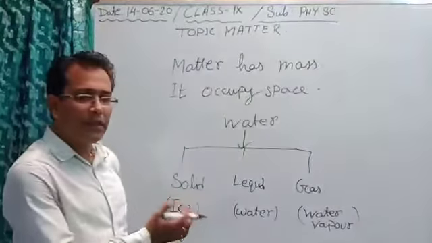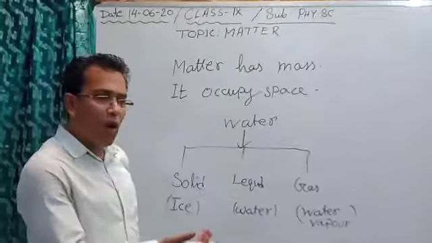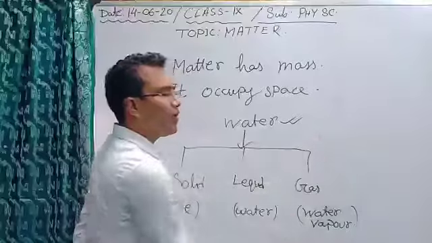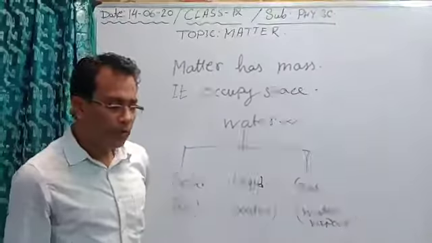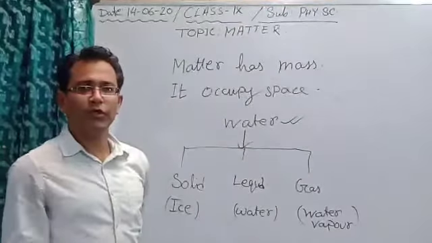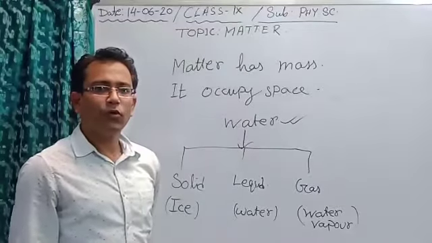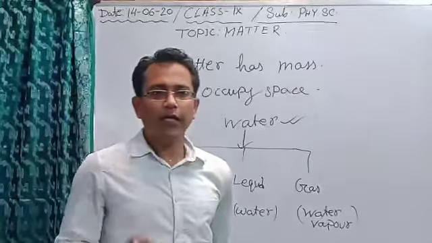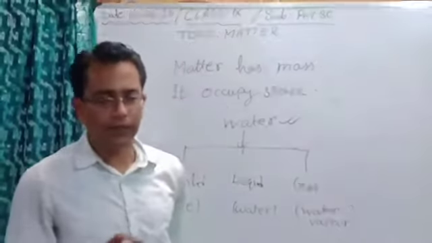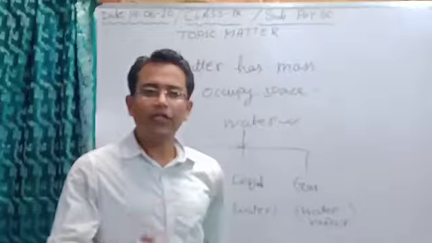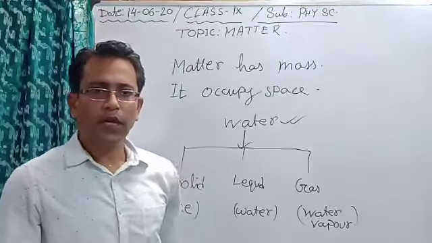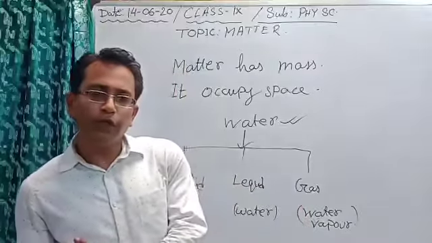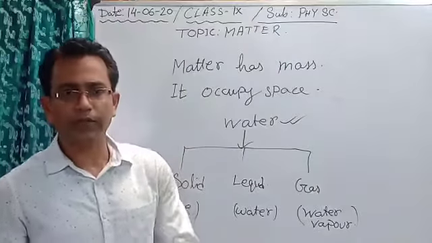So how can we transform one form of matter into another form? Through water we can give an example. In solid form, if ice is applied some heat, it starts to melt, and ice turns from the solid form into liquid form, that is water.